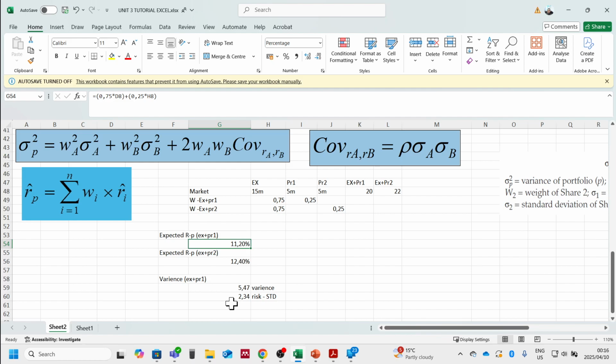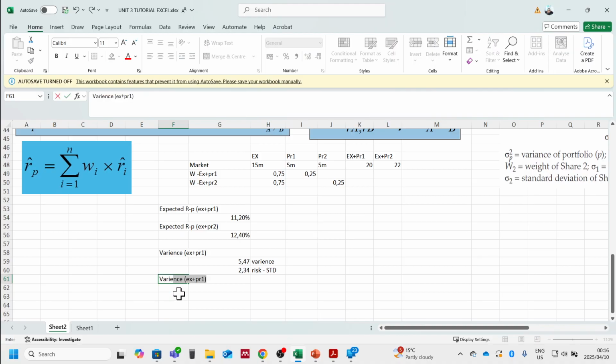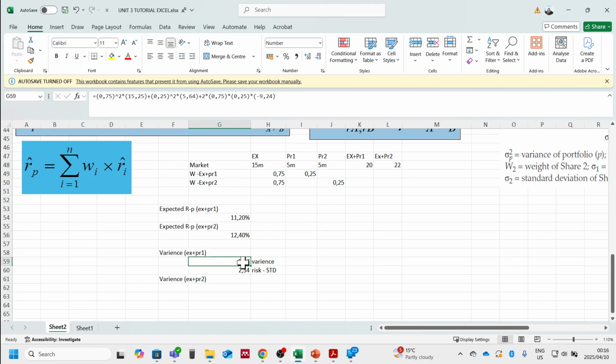So therefore, let's look at project number 2. For project number 2, we're going to say variance for existing project and project number 2. I'm just going to copy this because I'm not going to change too many things.